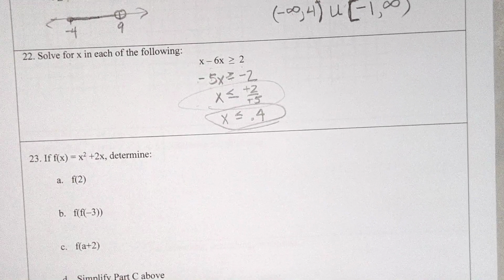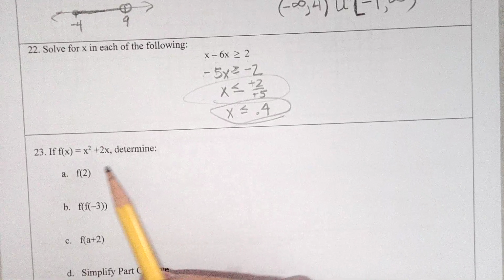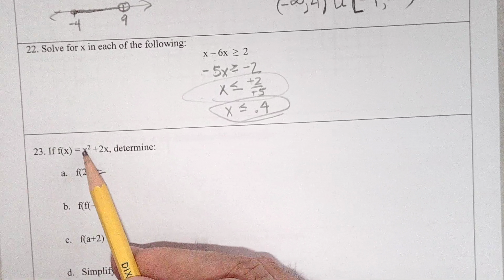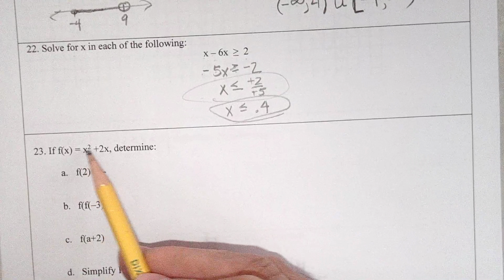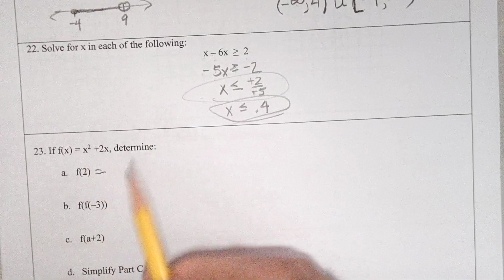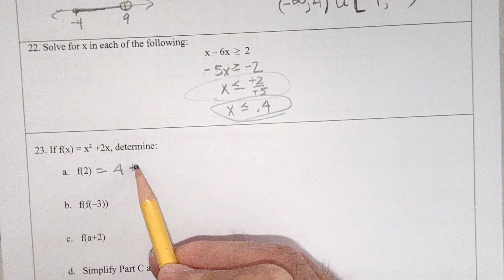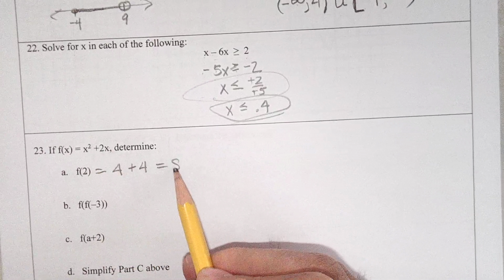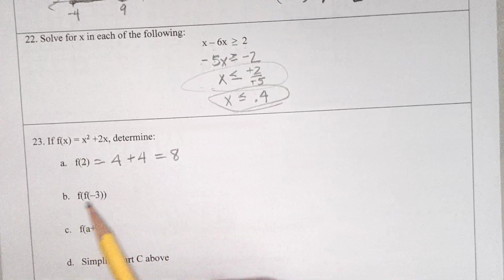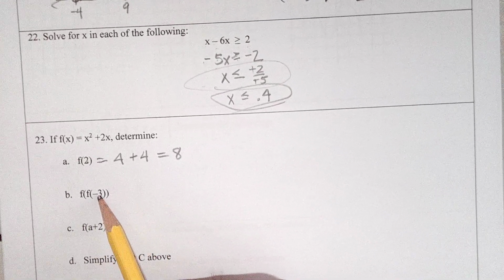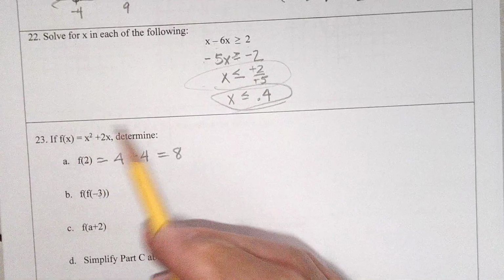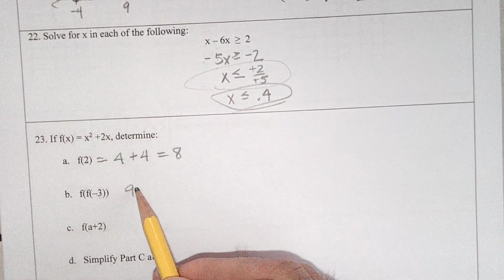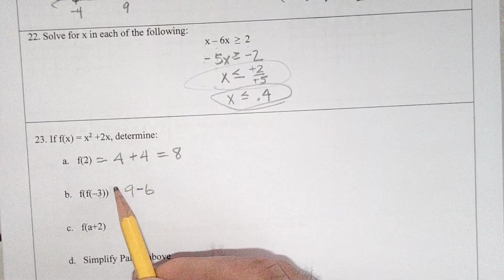All right, so now we're supposed to figure out f of 2. So that would be 2, and for these x's, that'd be 2 squared, which is 4, plus 2 times 2 is 4, so that's 8. Now we're supposed to put -3 in. -3 squared is 9. 2 times negative 3 is minus 6.